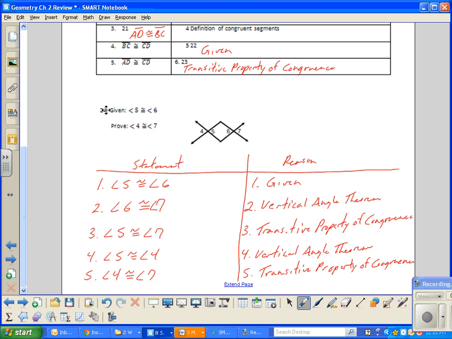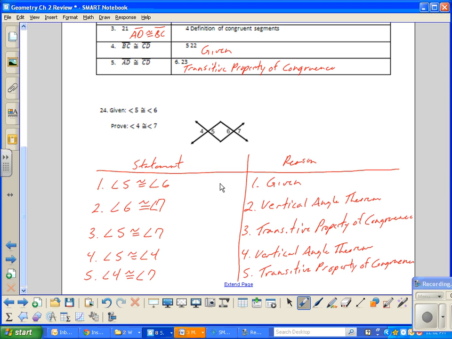And lastly here, 24 gives us that angle 5 is congruent to angle 6. So these two in the center here are congruent to each other. We want to prove that the ones on the outside, 4 and 7, are congruent. So here we got that angle 5 is congruent to angle 6, that's given.